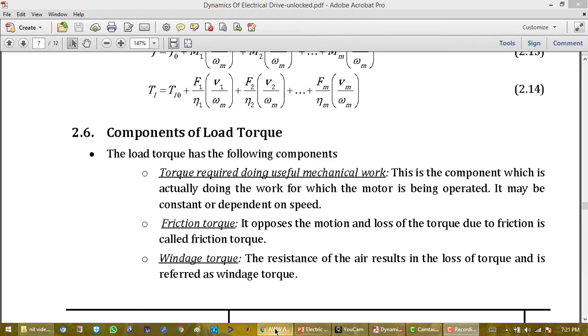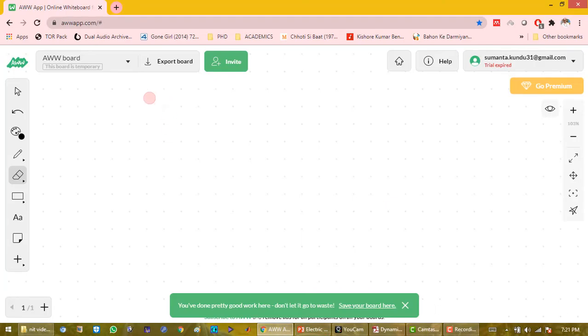So we can write that load torque TL equals TL plus TF plus TW.